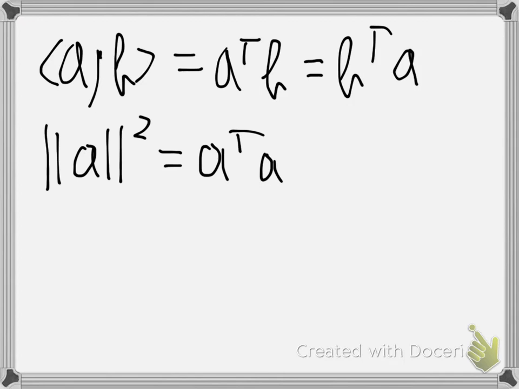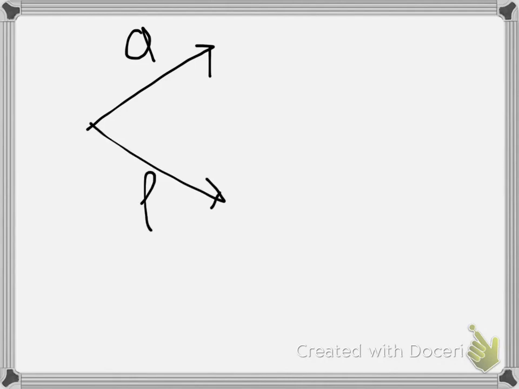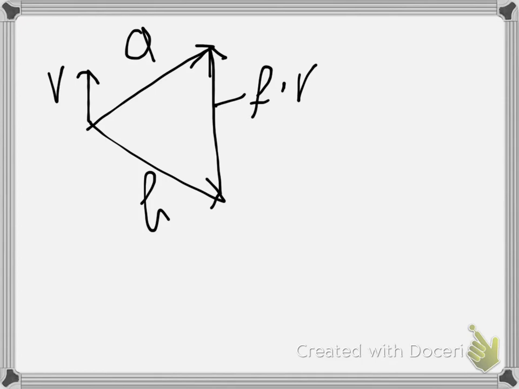Now let's redraw our reflection. So we have the vector A and our vector B. We have some unit vector V here on this axis, and here we have the vector F times V, where F is a scalar.